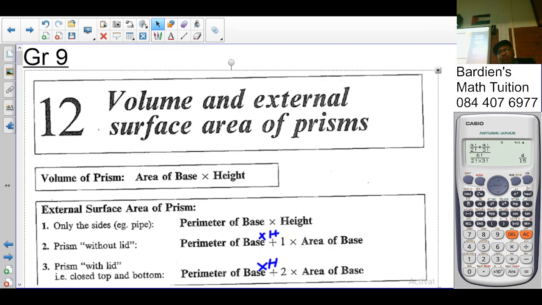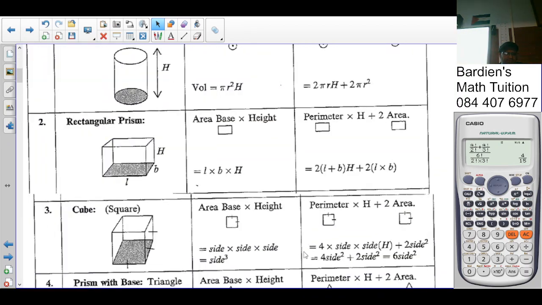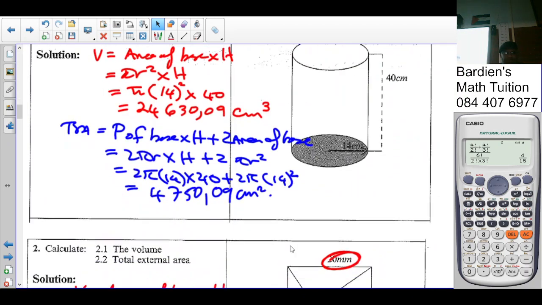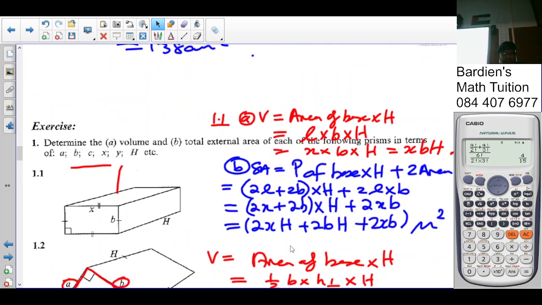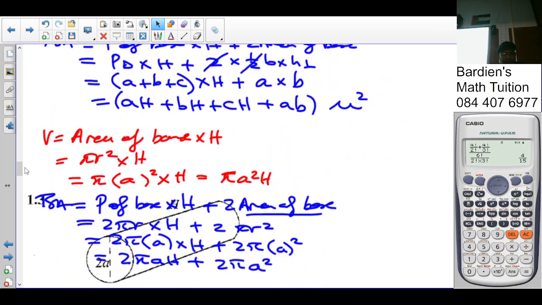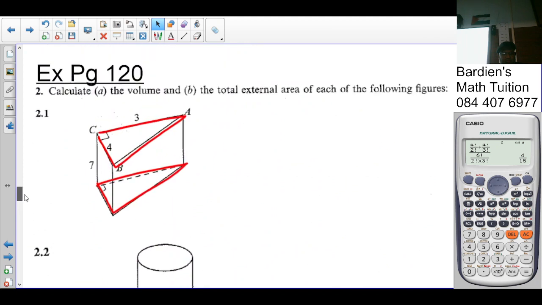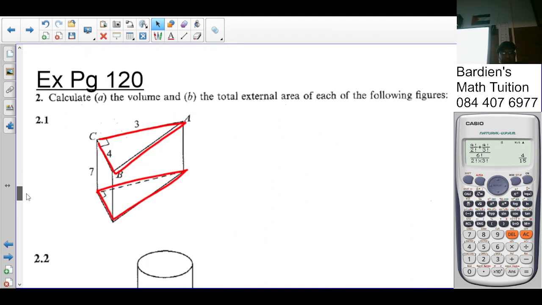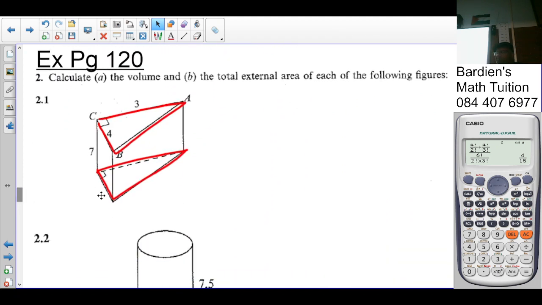So we're looking at volume and external surface area of a prism, or prisms. Yesterday I gave you some homework, correct? We stopped here, no? Gave you number 2 to do for homework.